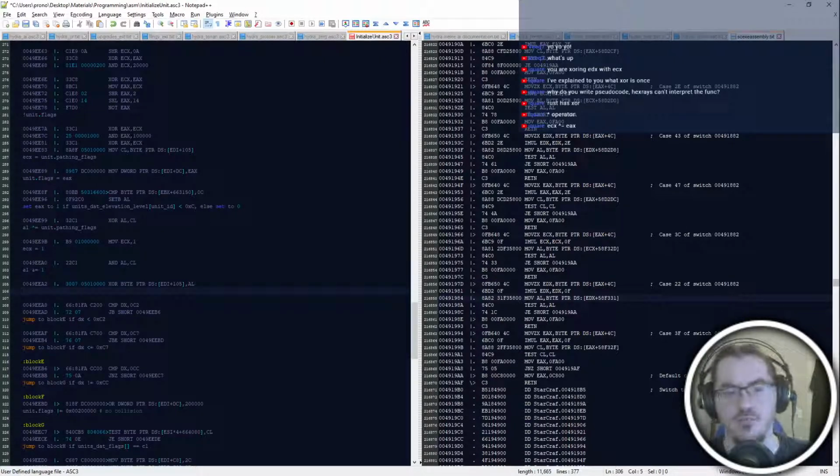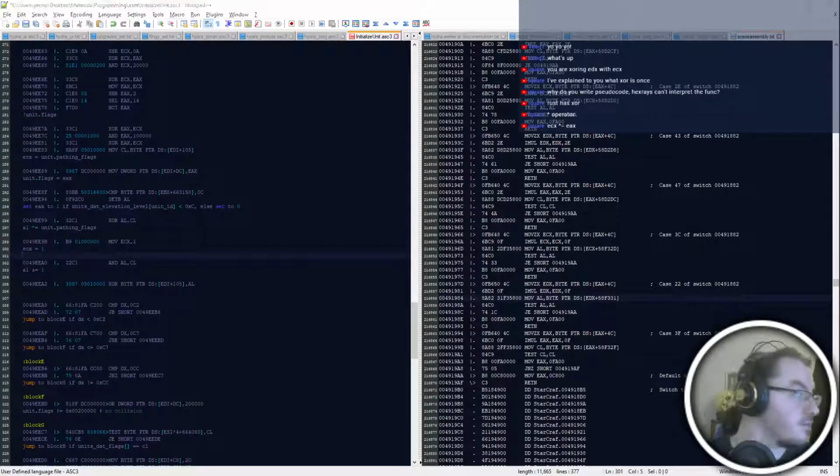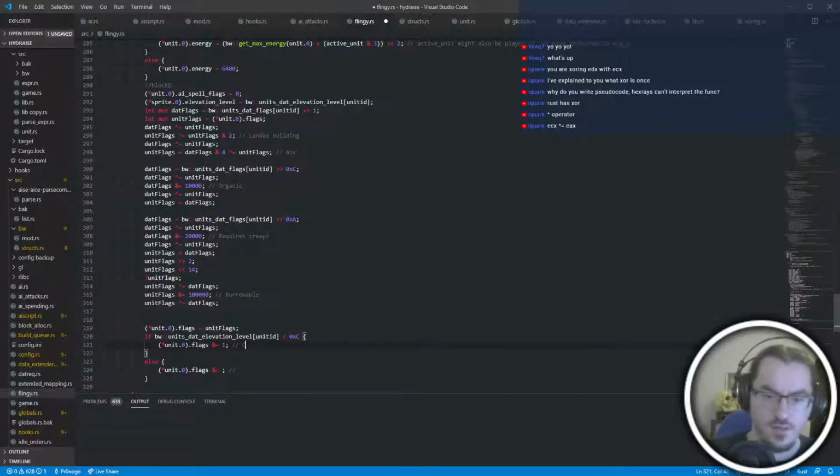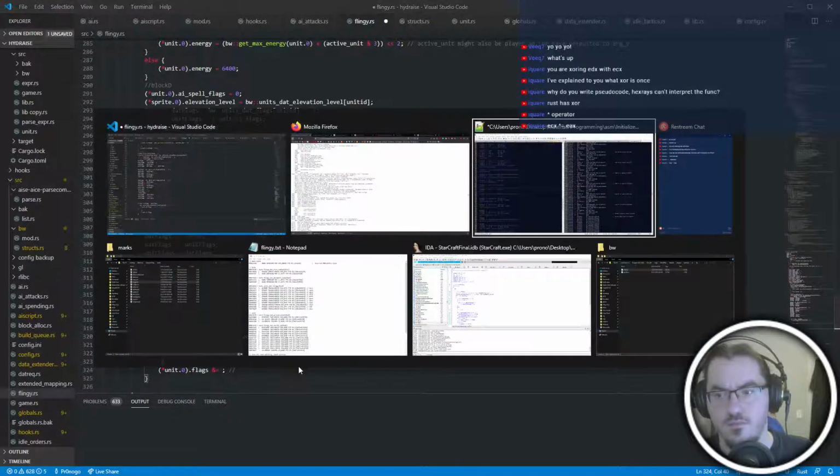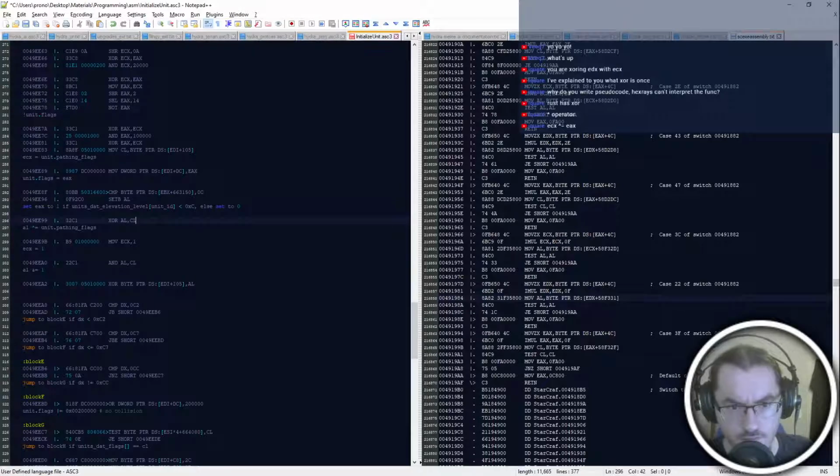Basically, your flag is set to 1. Which is completed, right? So we would say completed. It's always set to completed no matter what down here.